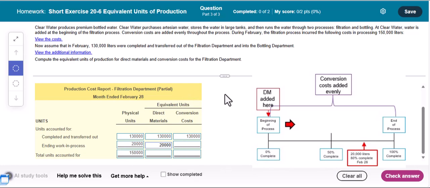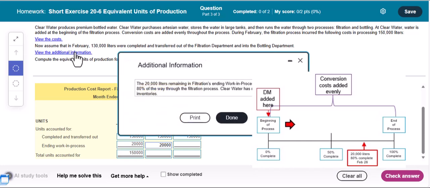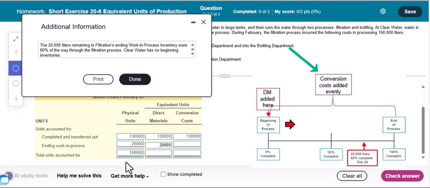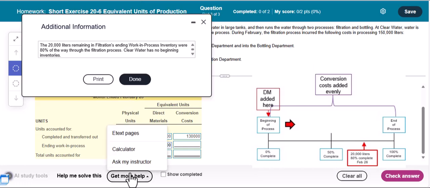Now let's talk about conversion costs. In this additional information, they told us essentially that the conversion costs were 80% of the way through the filtration process. Since these 20,000 units are 80% of the way done, that means 80% of the conversion costs are added to them. So the equivalent units of production, we're going to take that 20,000 times 0.8.